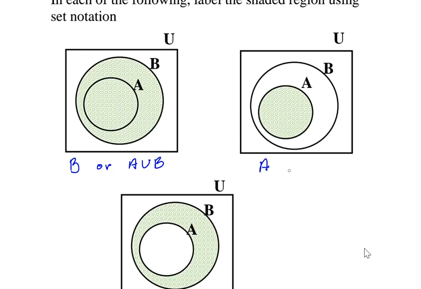But if you look carefully, we could say that this is A intersect B. If A is a proper subset of B, A is the same as saying A intersect B. That shaded region is common to both A and B. If you have shaded an area that is common to A and B, what you have shaded corresponds to A intersect B.